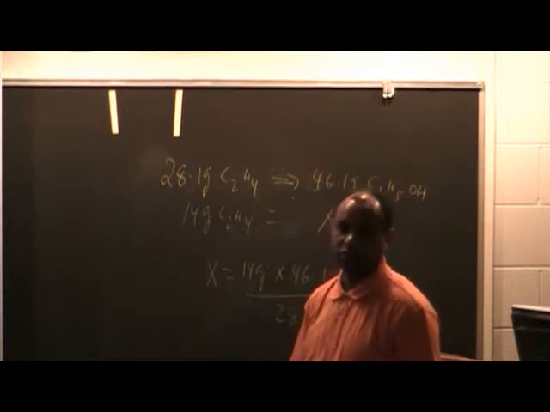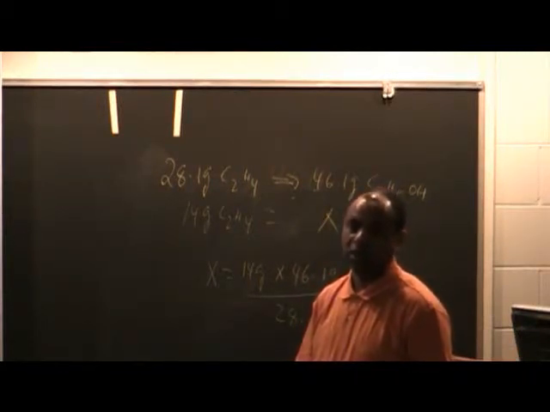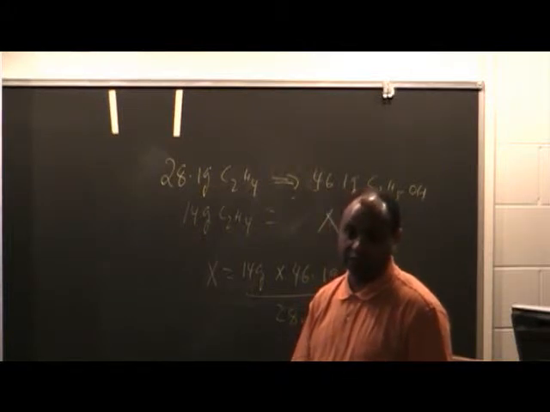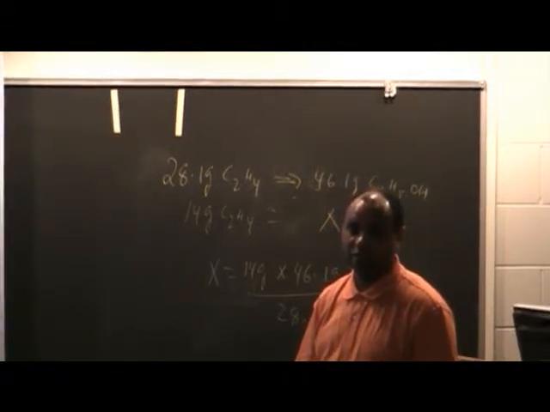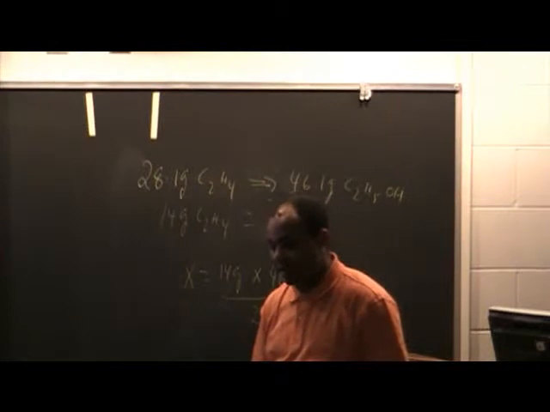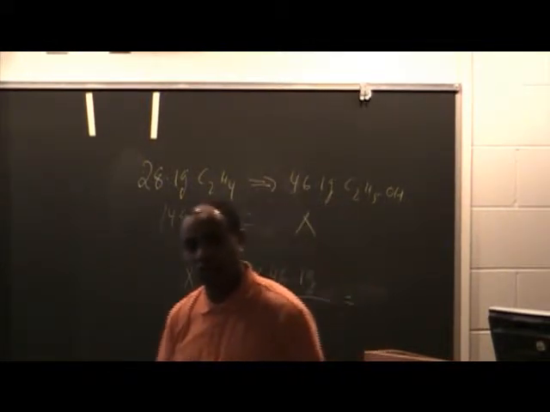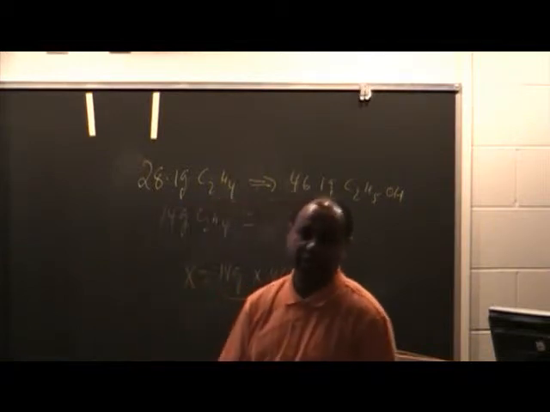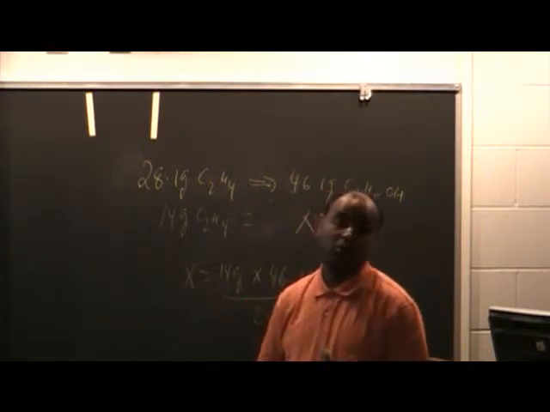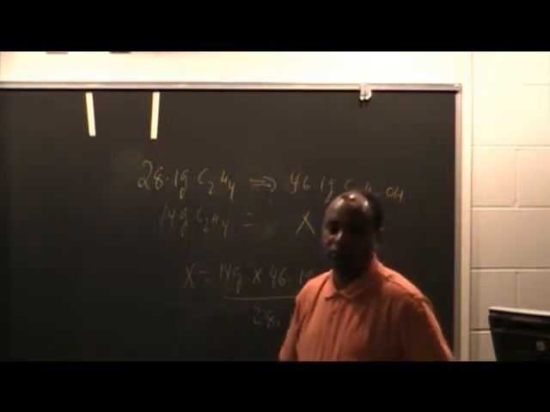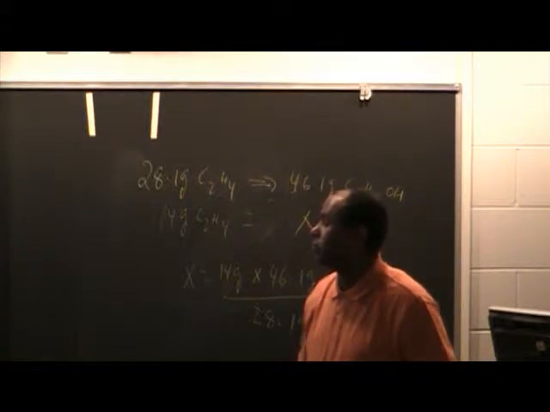Isn't gram per mole different from grams? Gram per mole is the best way to express it. Numerically they are the same, but more ideal or more practical is to write gram per mole, because what they gave us in the example is gram per mole, and the 14 is just in grams.